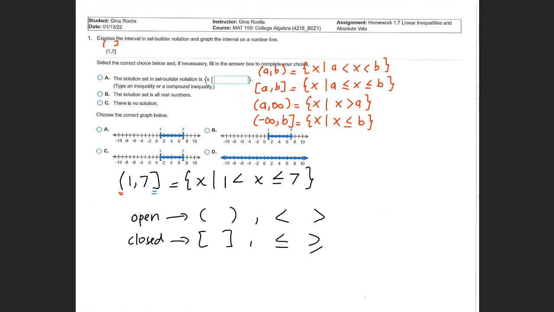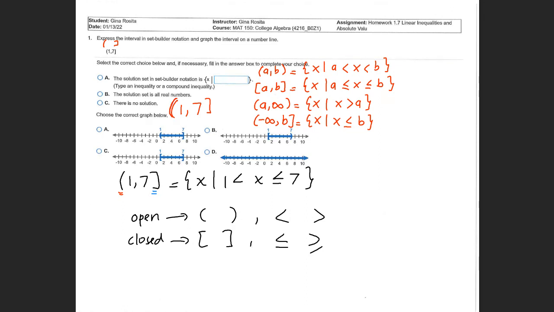Now for B, choose the correct graph below. The interval is (1, 7].